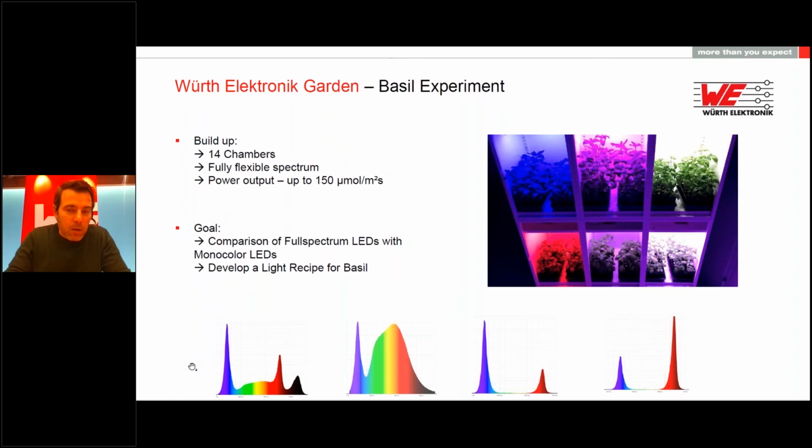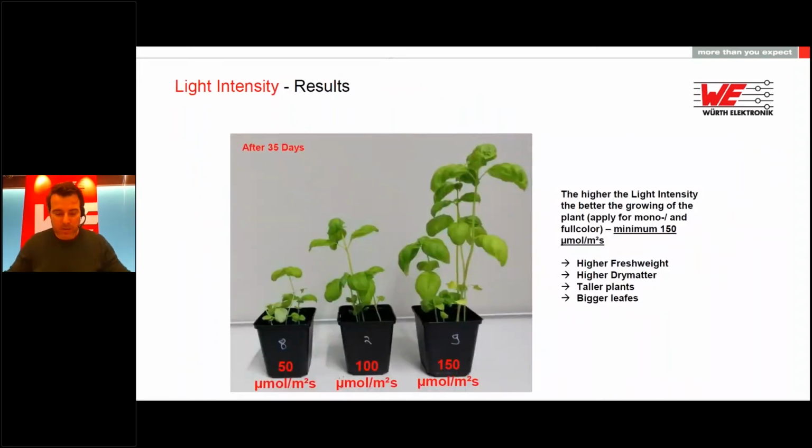In one of our first experiments, which I want to show you here, we tried to grow basil to find the right recipe or the right model, to see if we can find some difference between the different growing recipes. What we have learned is that different light intensity helps the plant grow faster or slower.